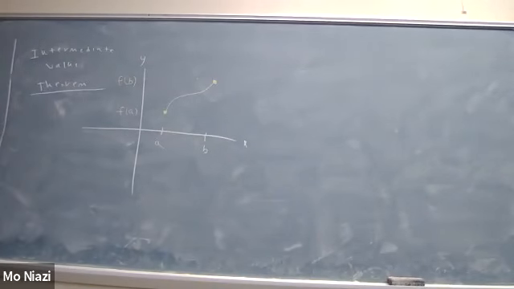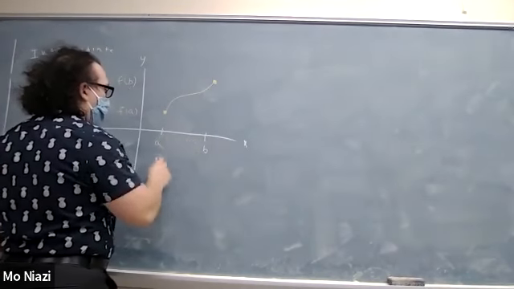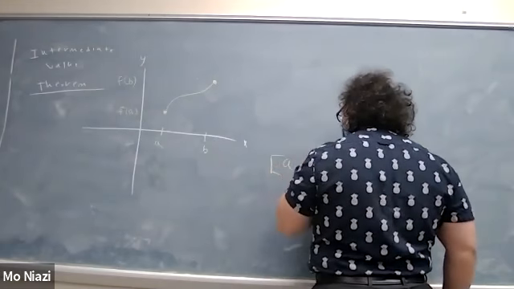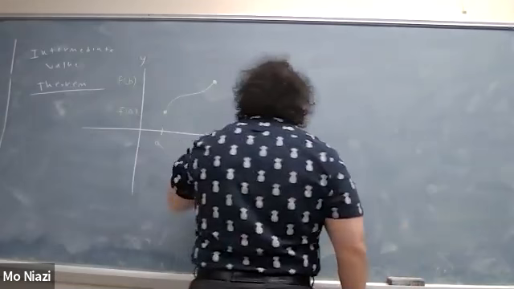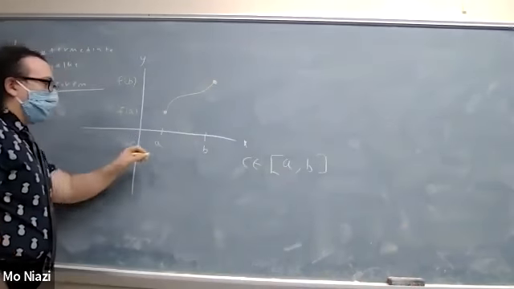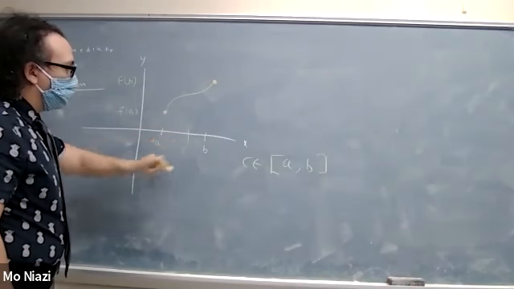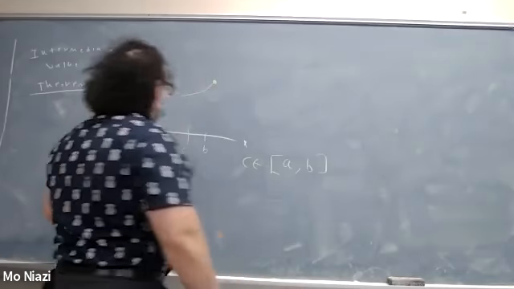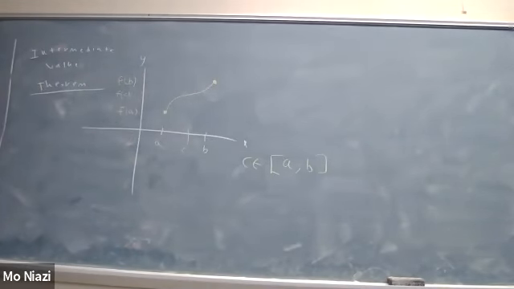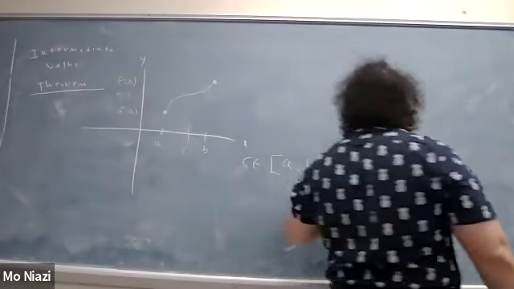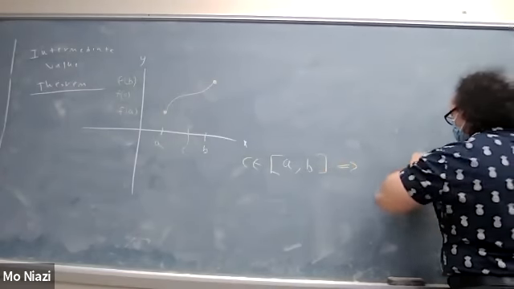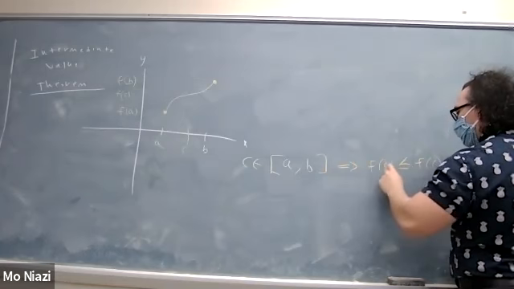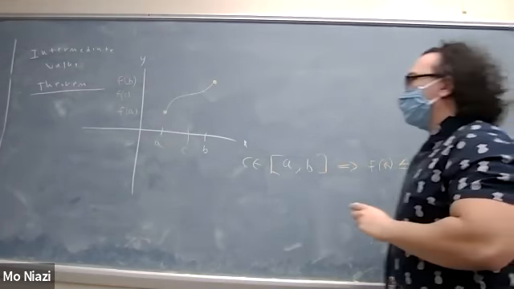The intermediate value theorem says that in a closed interval AB, there exists some element C inside this interval AB, let's say right here, such that f of C is between f of A and f of B. Now, there are some conditions that need to hold here.